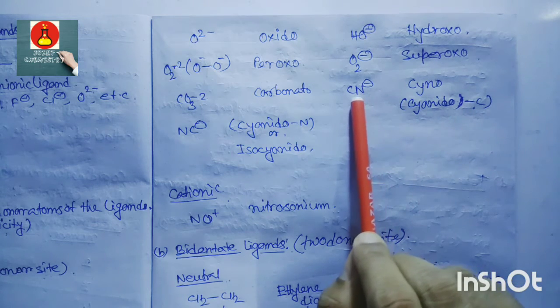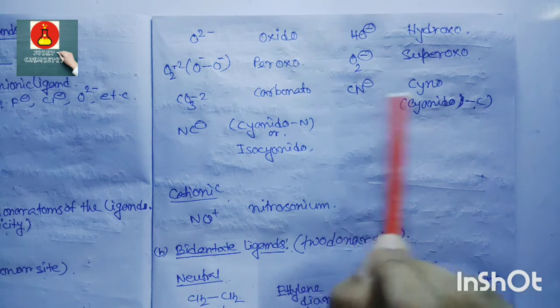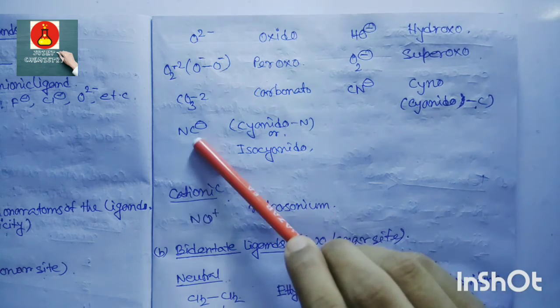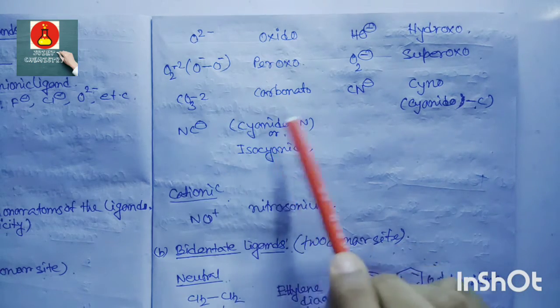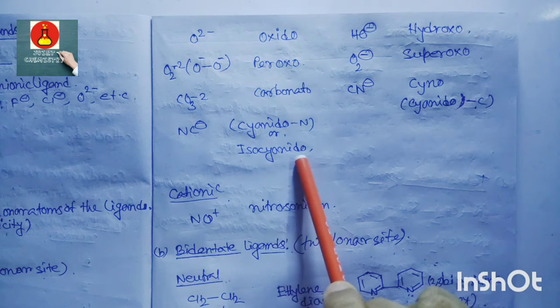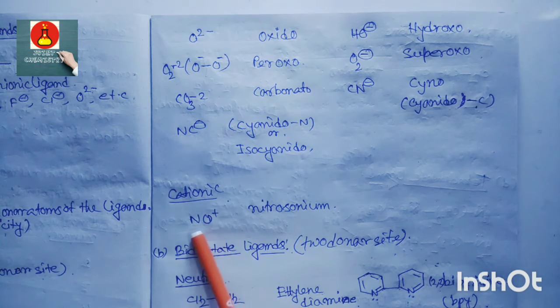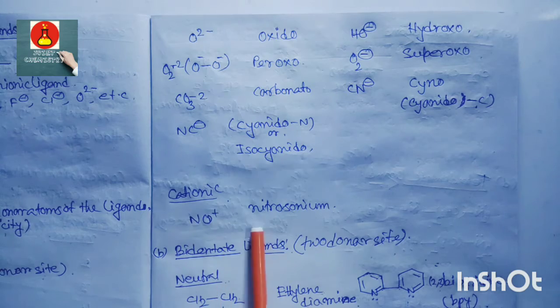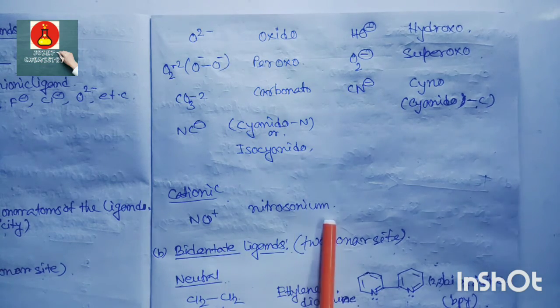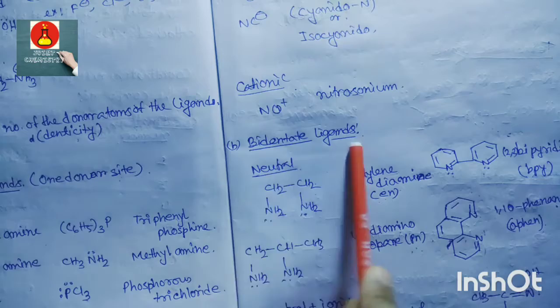It means when it is bonded with the C side, it is cyanido-C, and when it is bonded with the N side, it is cyanido-N or isocyanido. There is also a cationic monodentate ligand, which is NO plus, nitrosonium. Now the bidentate ligand.